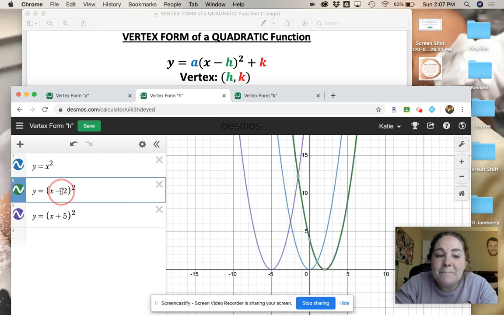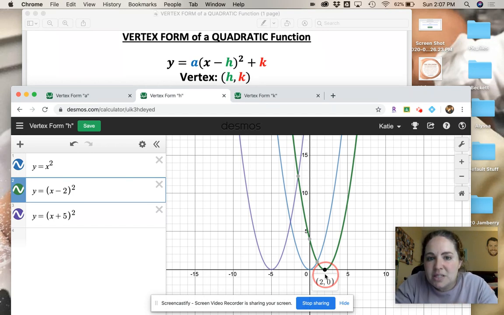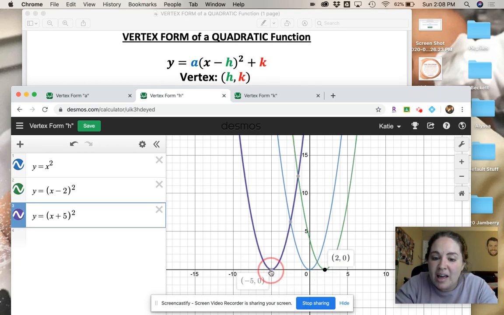Here I have minus 2, which really moved my graph to the right 2. Okay, and this is in your note sheets as well. The h in the equation is the opposite shift on the graph. Okay, so x minus 2 moves me to the right, x plus 5 moved me to the left.